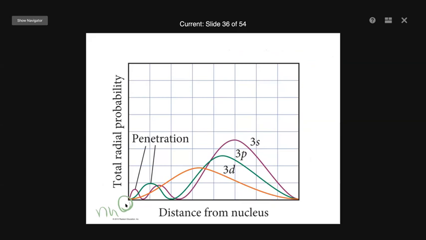You probably noticed that the 3s has this tiny little bump right here that can penetrate to get closer to the nucleus, because 3s has a stronger penetration effect than 3p. Therefore, 3s is going to be able to get closest, and it is also going to have the lowest energy compared to 3p and also 3d. 3s is this one right here, 3p is this one, and 3d is this color.